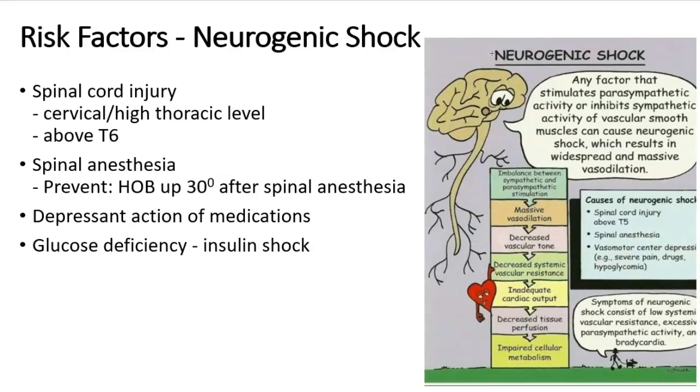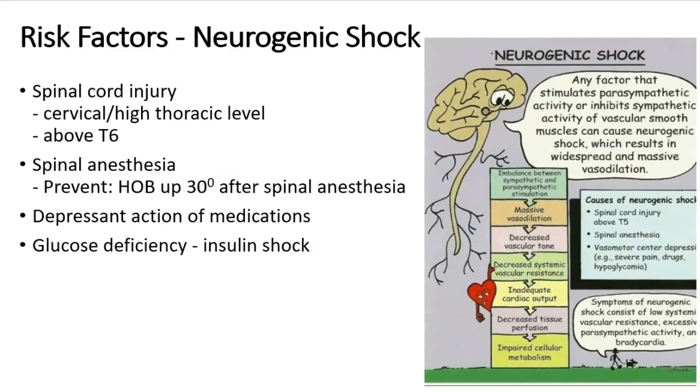First, of course, risk factors. So basically spinal cord injury, especially anything above T6, spinal anesthesia, which is why we keep the head of the bed elevated, certain medications, and people who have deficient glucose, so people with insulin shock. All right, so let's continue on here just a little bit.